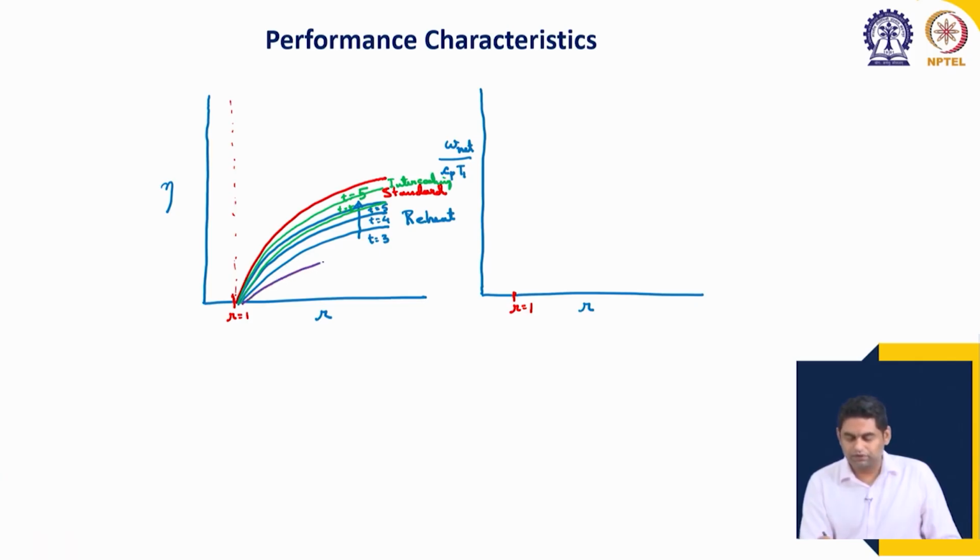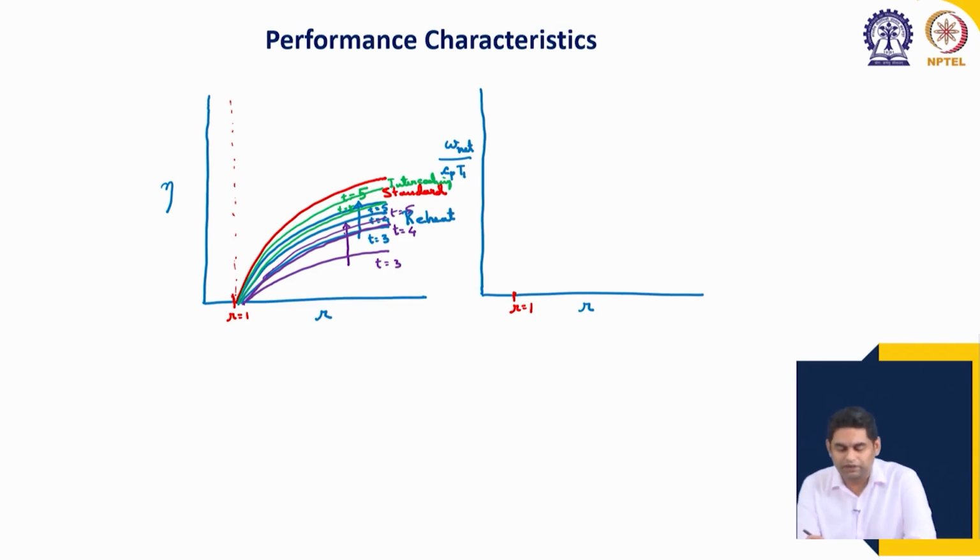So, this will be something similar to, let us say, T equal to 3, slightly lower. I am drawing it to show a larger gap, but actually it will be slightly lower than the reheat cycle, and similarly you have T equal to 5. All are slightly lower compared to the corresponding reheat and intercool cycle, but the nature of variation is the same for all three cases, because the efficiency increases with R and also increases with T. So, efficiency is increasing with R, which is very different from those of the regenerative cycles.